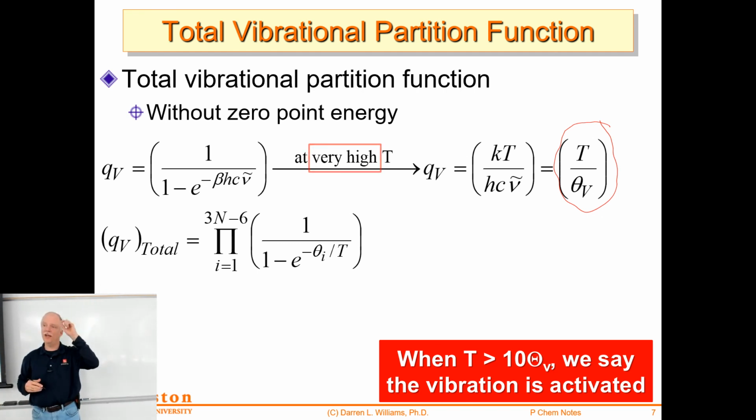So every vibrational mode has its own partition function, because every vibrational mode has a different vibrational frequency, and it's going to have a different vibrational temperature and a different partition function. So I can store a lot of energy in the excitation of molecules in the vibrations because there's so many of them in a molecule.